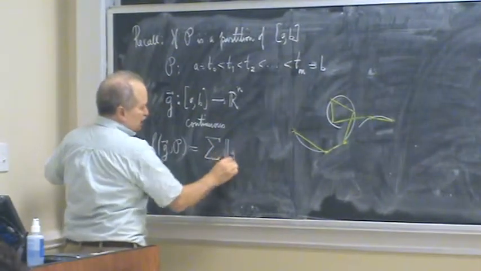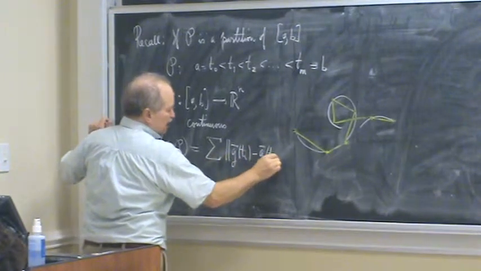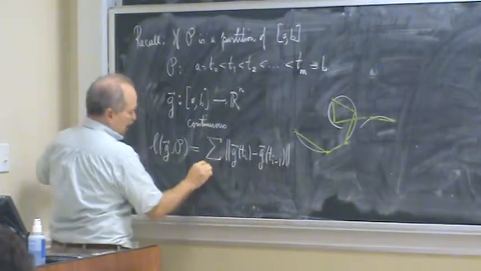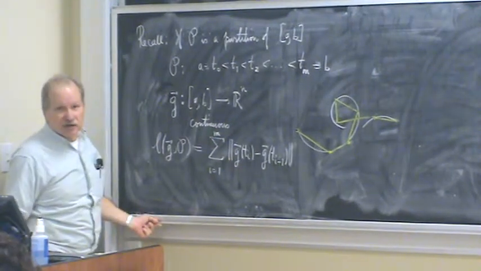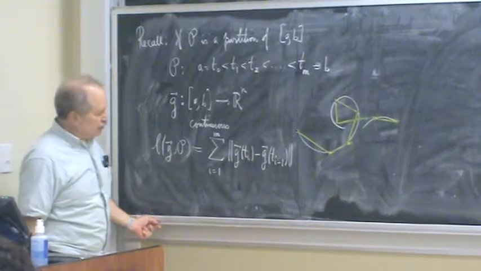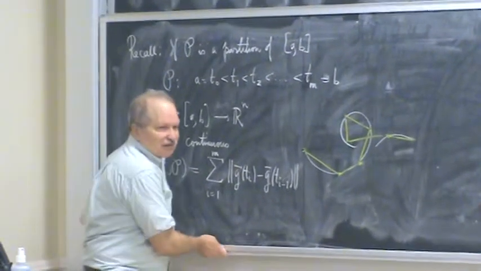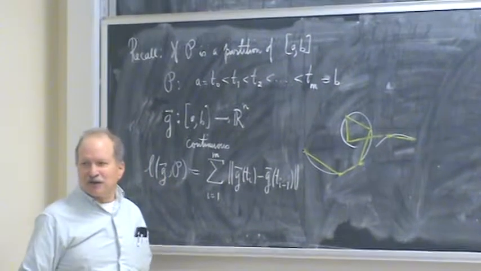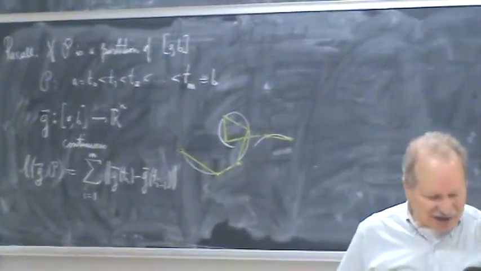So we're going to take g at t sub i minus g at t sub i minus 1, take the length of that, and add this up over the partition points of it. Does this remind you of something from calculus? What does it remind you of? Riemann sums. Riemann sums, yeah. More to come next semester, of course.